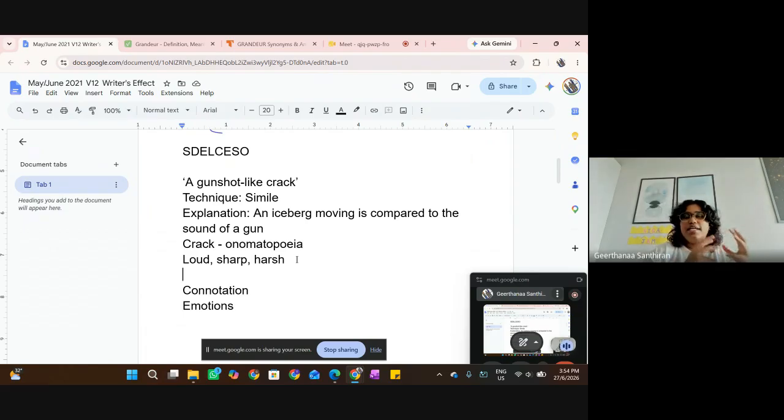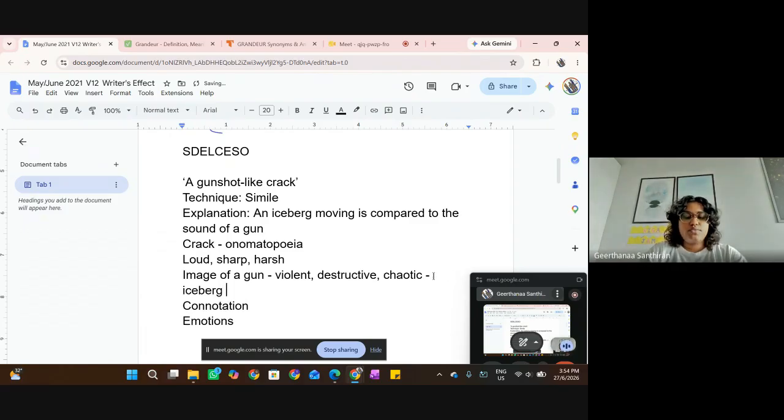And whatever adjectives you use, whatever you think about there, it can be connected to the iceberg. So, image of a gun, it's violent, it's destructive, it's chaotic. And now all of these adjectives are going to be put on the iceberg as well because you're comparing them. So now I know that the iceberg is wild and dangerous.